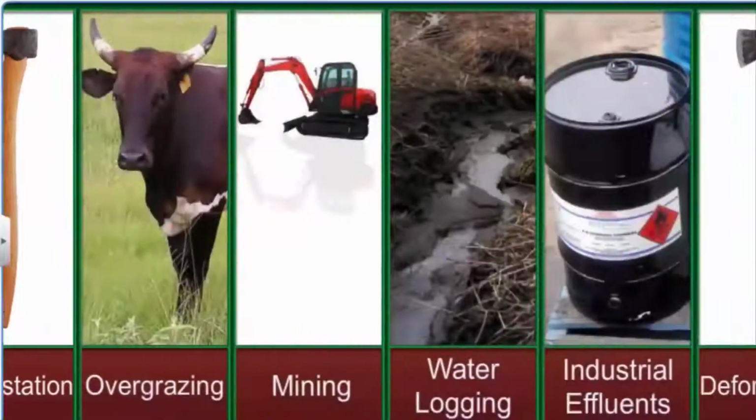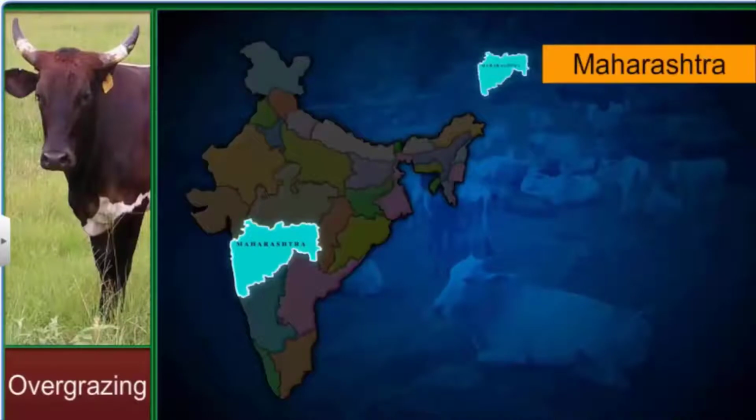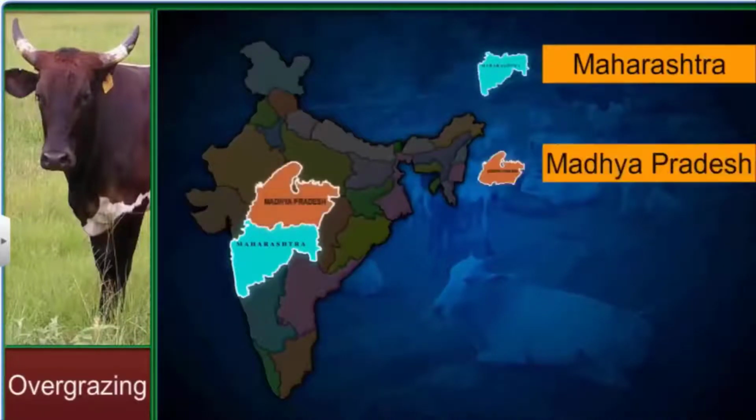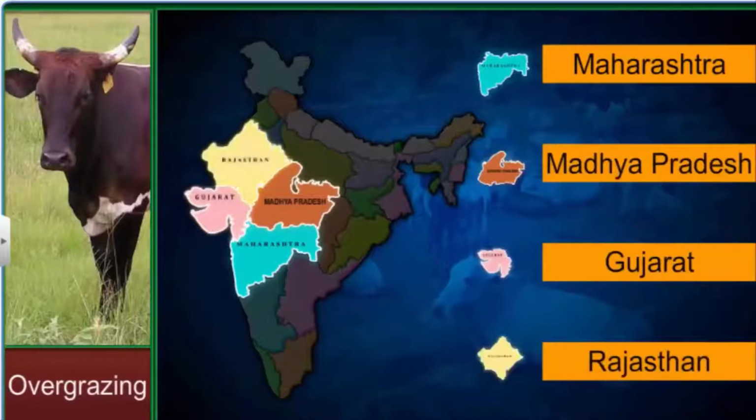In some parts of India, overgrazing by cattle has converted permanent pastures into barren land, leading to land degradation. Examples are the states of Maharashtra, Madhya Pradesh, Gujarat, and Rajasthan.